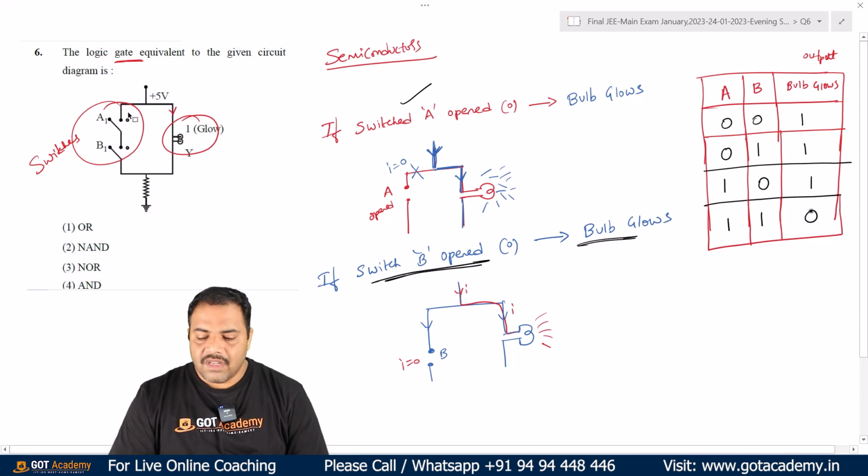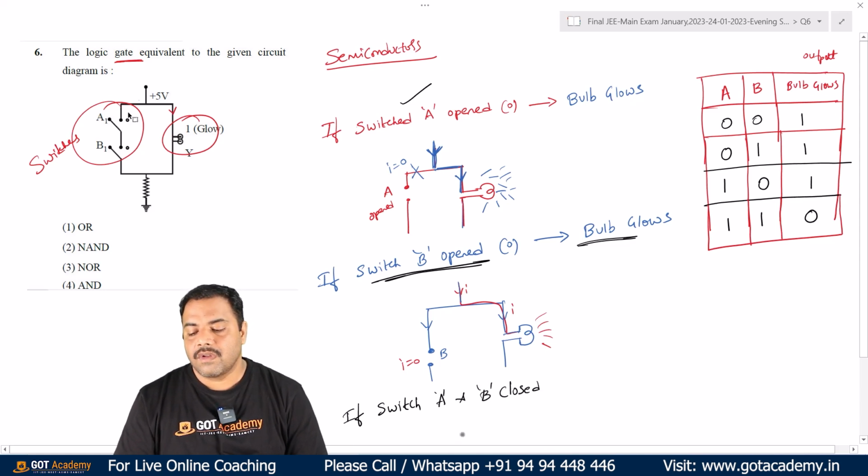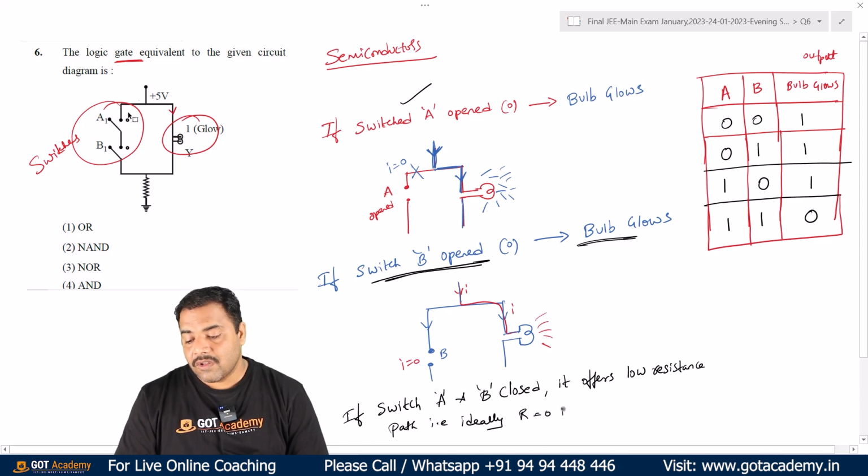Now here I'll write: if switches A and B are closed, it offers a low resistance path. That is, ideally resistance will be equal to 0. That is a short circuit.